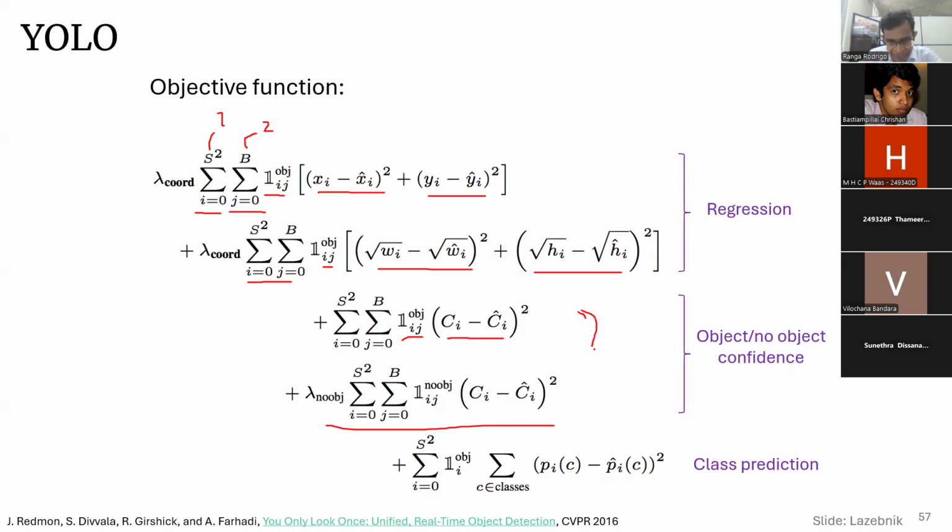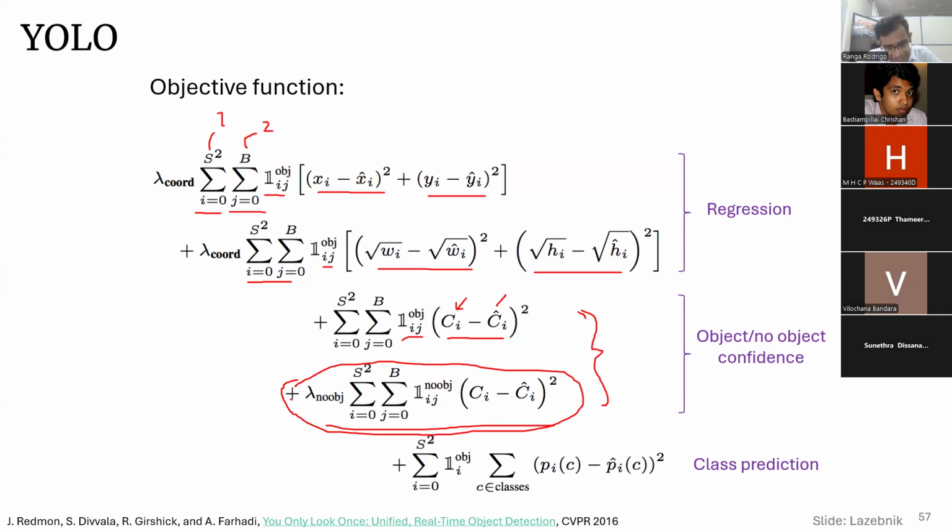So, object or no object. If there's an object, ground truth will be 1, and the network will predict some number. So you want to push that to 1 if there's an object. This part is the one I don't really remember. Maybe we can look at the paper and understand why they want to have some loss if there's no object also.